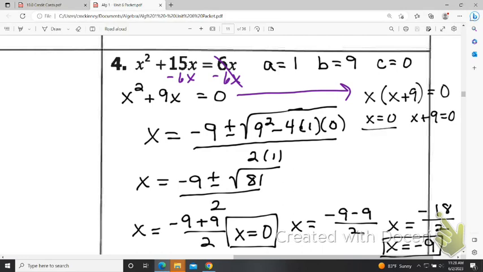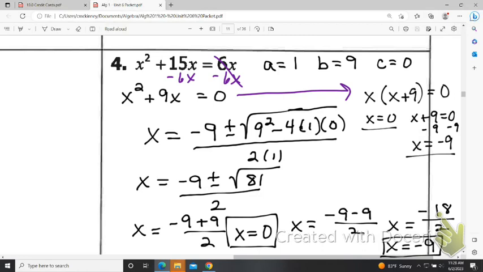So there's a solution, and when I take away 9, x is negative 9 is another solution. Same solutions. Again, if you were just given a choice, if you could factor, that's the choice I would take. If you have to do a problem with the quadratic formula, but it also could be factored, it's a great way to quickly check your answer.